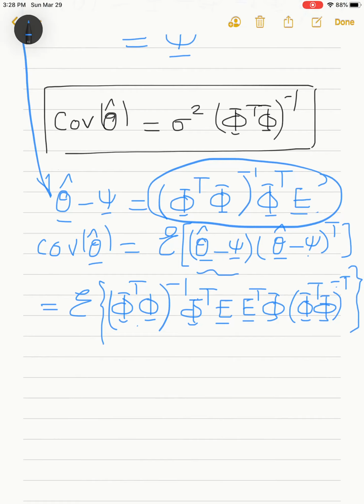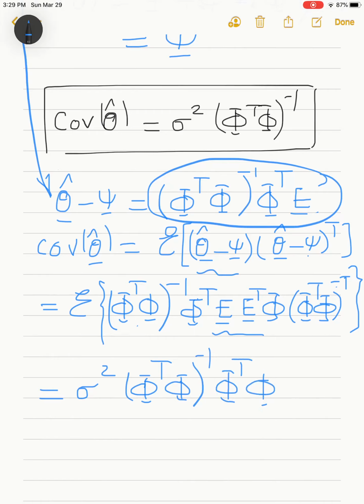And again, since phi is composed of known quantities, I will just have to take the expected value of E times E transpose, and that would give me sigma squared, and we get phi transpose phi inverse times phi transpose phi times phi transpose phi inverse.